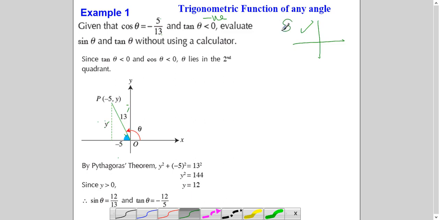I know from here that my sine answer will be plus and this answer will be minus. I know this information because I'm in the second quadrant. But what I'm saying is it is not necessary to draw the triangle in this quadrant. Then how will we do it? Just draw a simple triangle anywhere in your copy and call it theta.